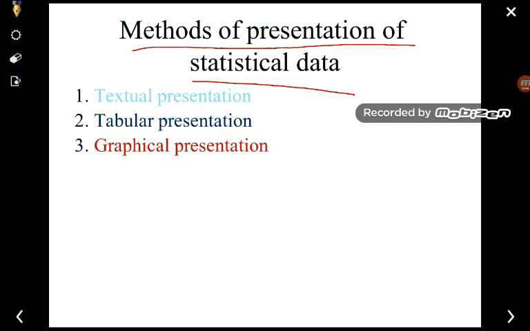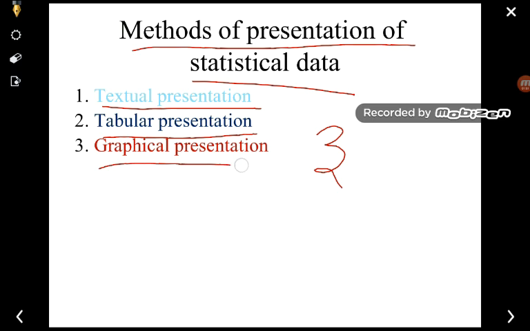So how can we present the data? Normally these statistical data are presented in three ways. The first one is the textual presentation, next is tabular presentation, and the third one is the graphical presentation.